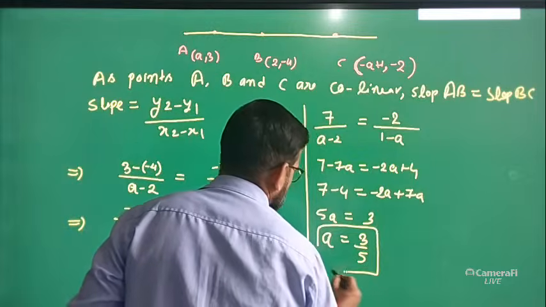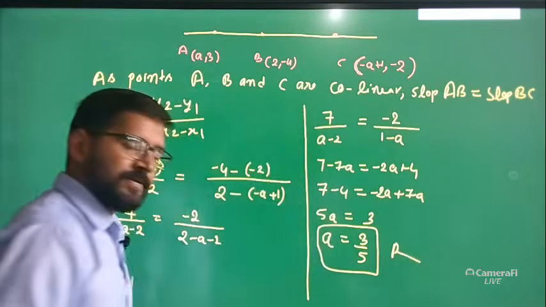The value of a is 3 upon 5, so this is your answer.